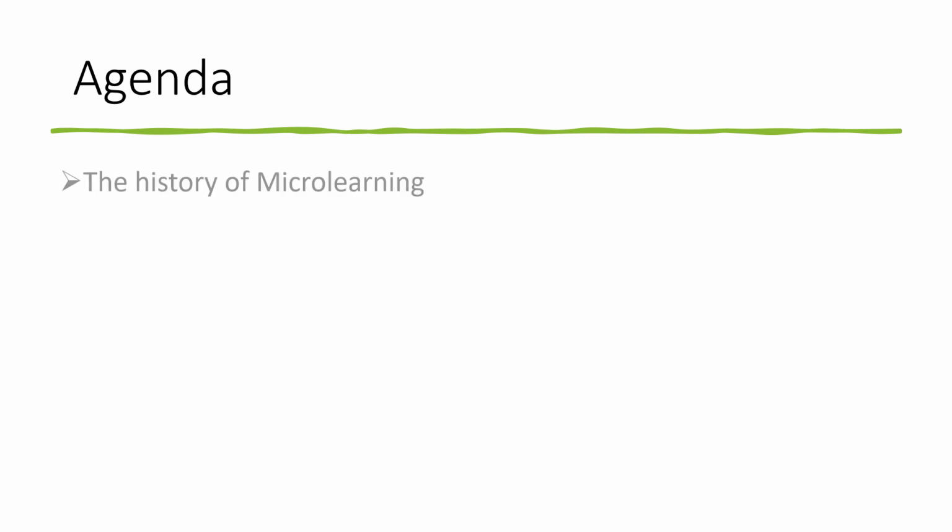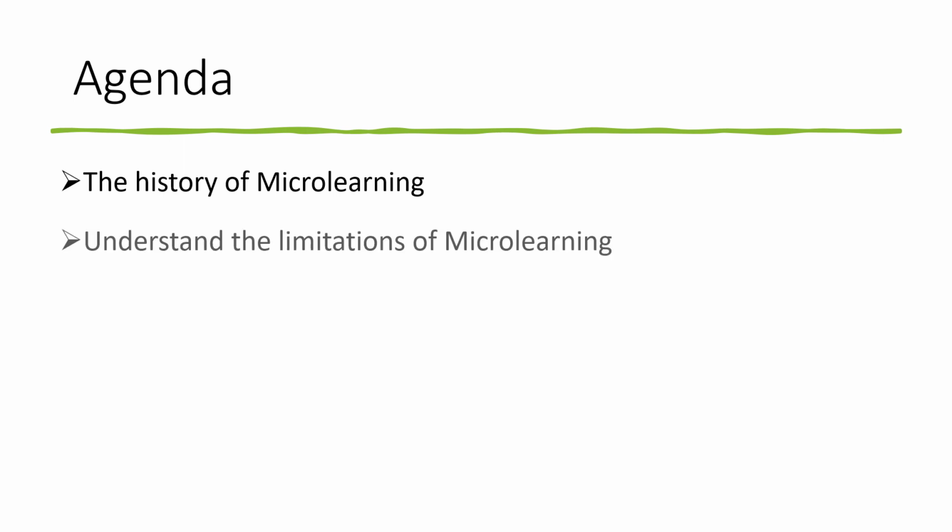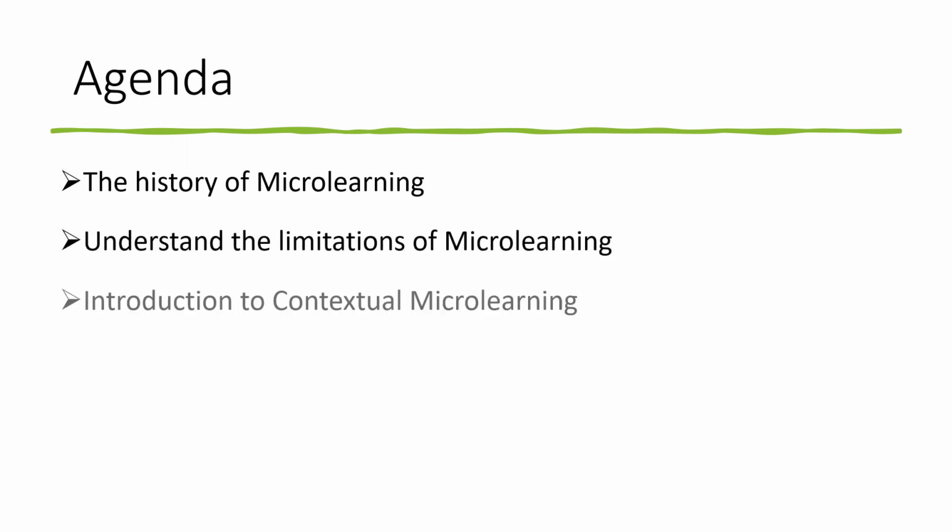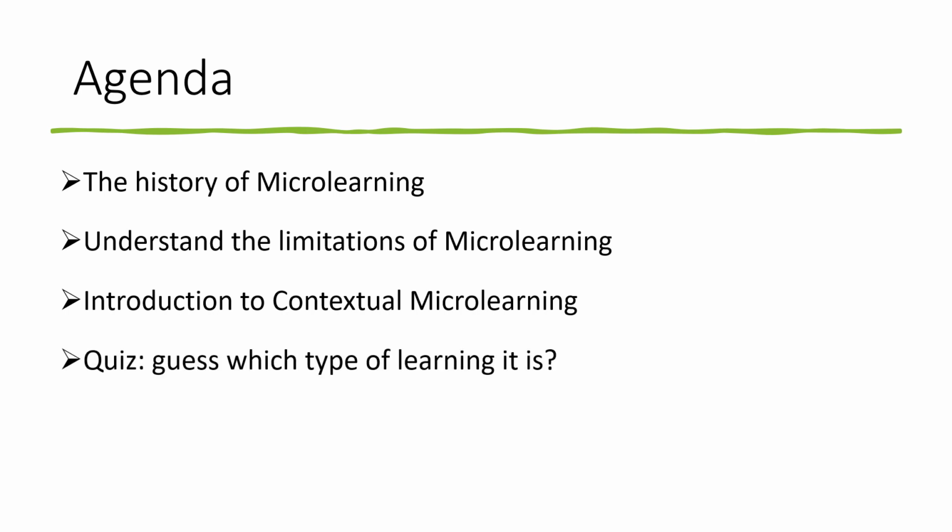For today's presentation, I'm going to start talking about the history of microlearning first, then we'll dive into understanding the limitations of traditional microlearning, followed by the introduction to contextual microlearning and how that's different from traditional microlearning. Then I'll do a quick, fun quiz here, so you can guess which type of learning is the one that I'm showing on the screen.